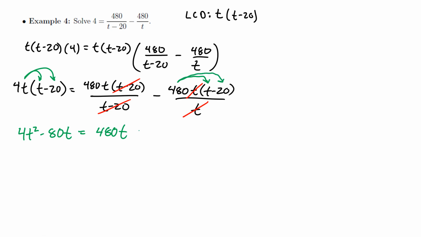So it's going to be minus 480t. And then we have 480 times 20, so that's going to be plus 9,600. So it's kind of nice, these two zap, right? And then moving this to the other side, I have 4t squared minus 80t minus 9,600 equals 0.